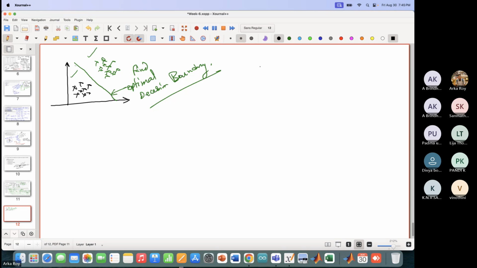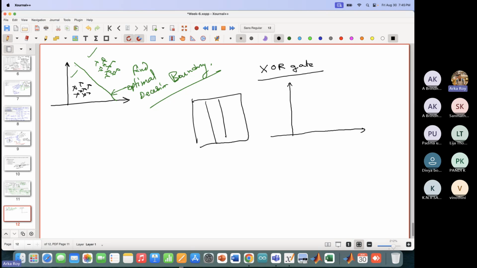Now tell me, for an XOR gate, can you classify them using a linear decision boundary? For an XOR gate, let's say you have two input attributes, x1 and x2, and the class identity as y. So the inputs 0,0, 0,1, 1,0, 1,1 give outputs 0, 1, 1, 0.